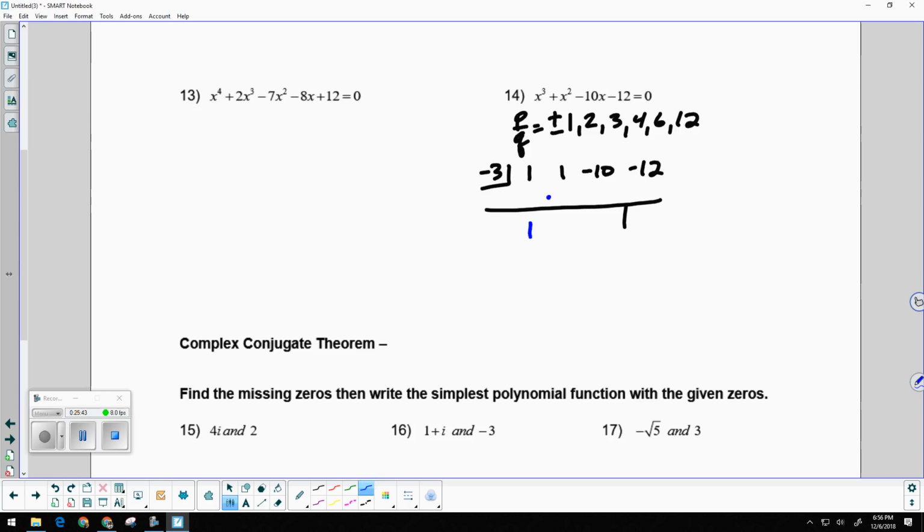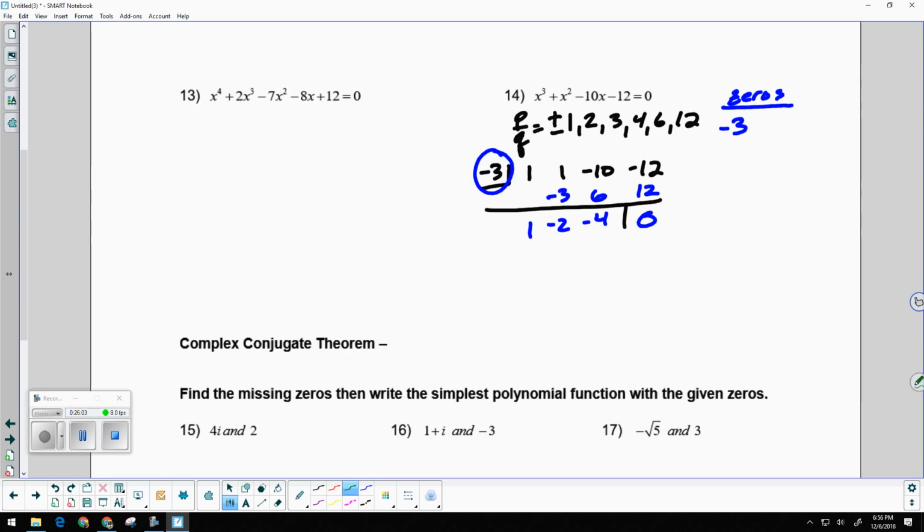Do my work here. Get 0. So when I start to write my zeros, I now know that -3 is one of my zeros.